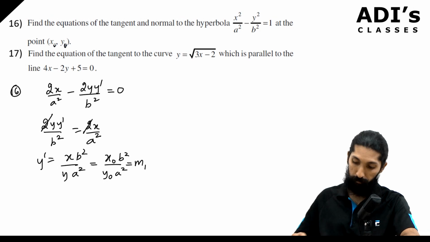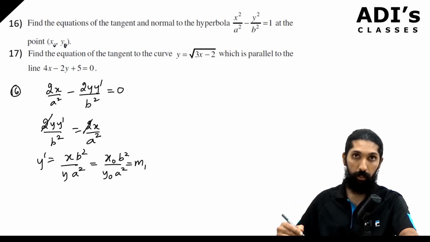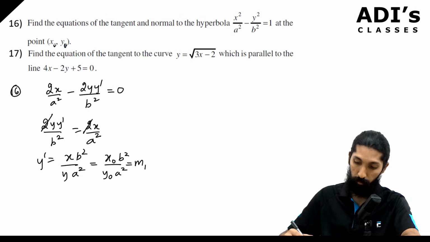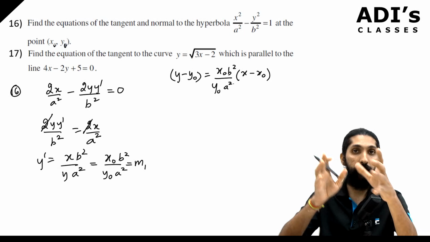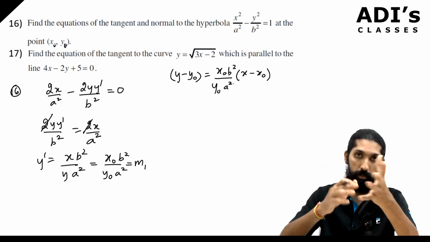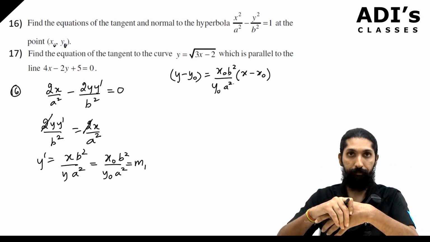So this is going to be the slope of the tangent, which is m1. Now, once you have this m1 value, y minus y1, which is y minus y naught, is equal to x naught b square by y naught a square into x minus x naught. This is the general equation of a line, correct? Y minus y1 is m into x minus x1.